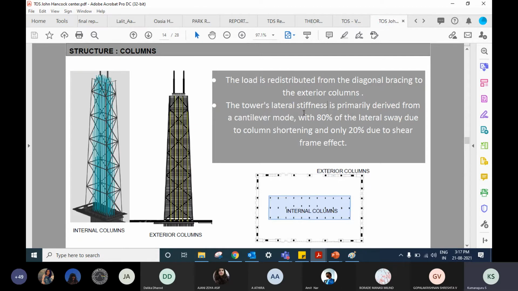Yeah, fine. The tower's lateral stiffness, we have lateral force coming in. The primary lateral stiffness is derived from cantilever mode, which is 80% of the lateral sway due to column shortening, and only 20% to shear frame effect. Can you please explain this so that others can also understand what you mean by the statement?